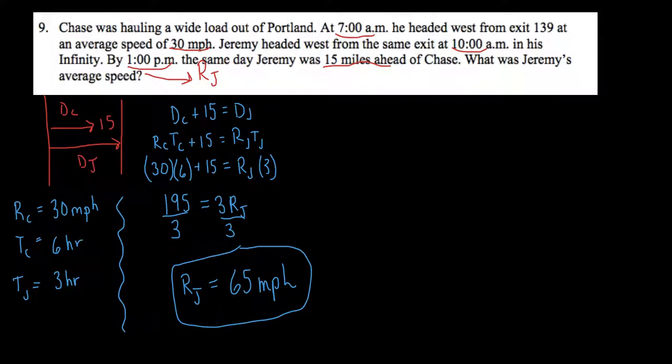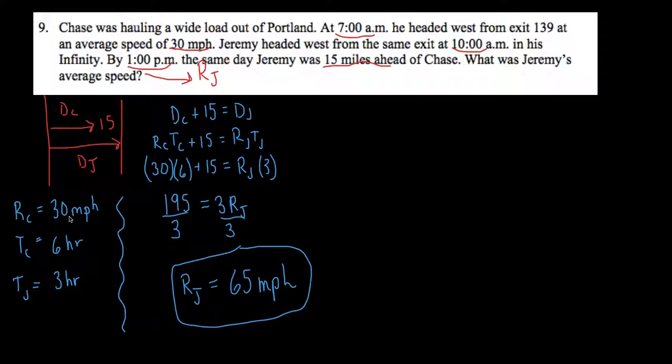Let's check the answer for number 9. I ended up getting the rate of Jeremy is 65 miles per hour. I drew my diagram very much like the last problem: DC plus 15, the distance of Chase plus 15, equals the distance of Jeremy, since Jeremy ended up 15 miles ahead.